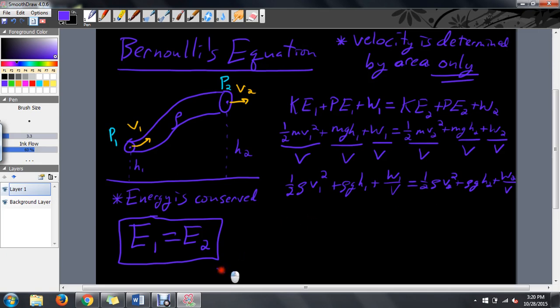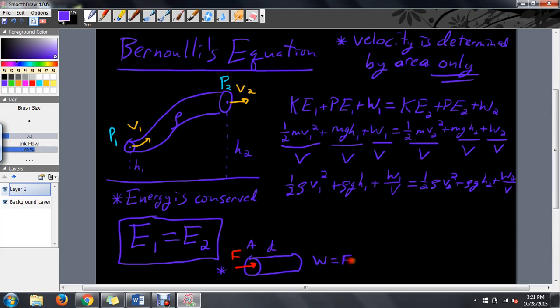I'm going to do a little aside here. This is really cool, guys. If I have a cylinder of a fluid and I apply a force F, and it has some area A and some distance D. And what is the work done on the fluid?